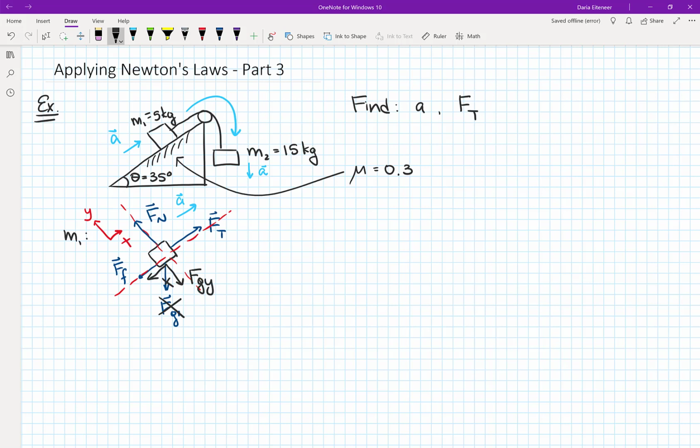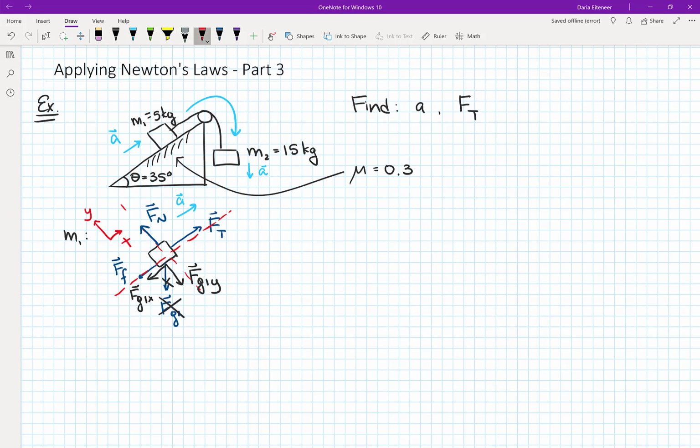So this is going to be Fg1y and Fg1x. See how I drew this, and then I noticed that my force of normal doesn't agree with the y component of the force of gravity. So I'm going to go back and adjust that a little bit.